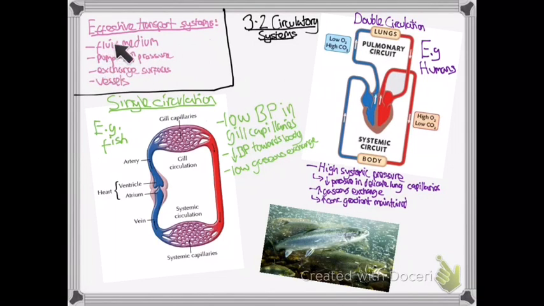One of the things effective transport systems need is a good exchange system, so good exchange surfaces. So we've got capillaries, so if we were looking at the lungs, we've got the capillaries and the alveoli. They're good exchange surfaces, but I won't go into too much depth here, that's a different unit. And we need tubes or vessels to move blood around by mass flow.